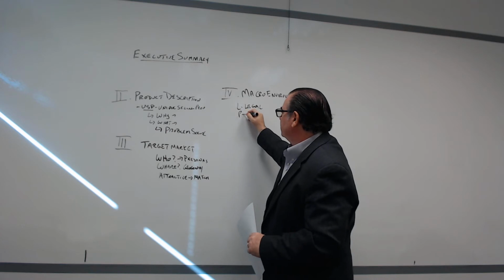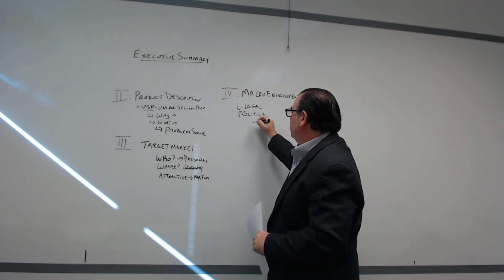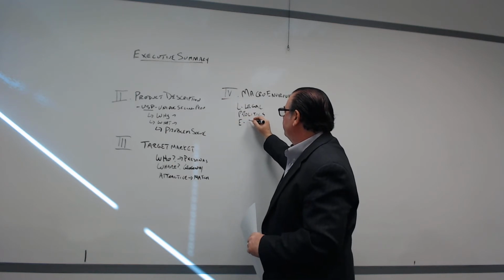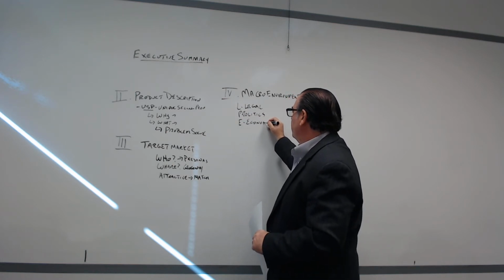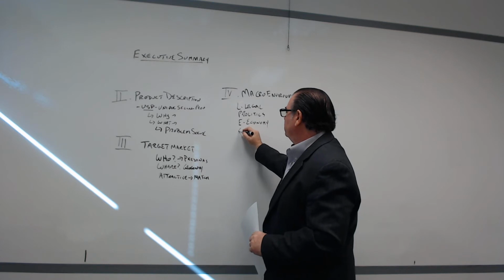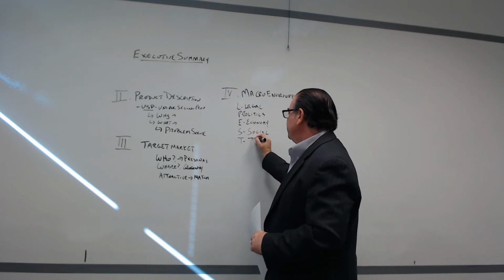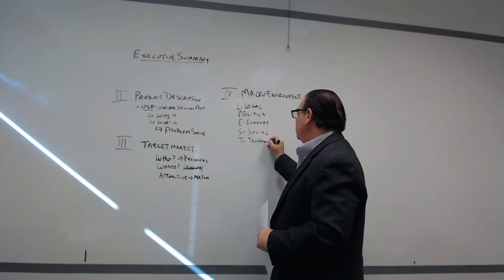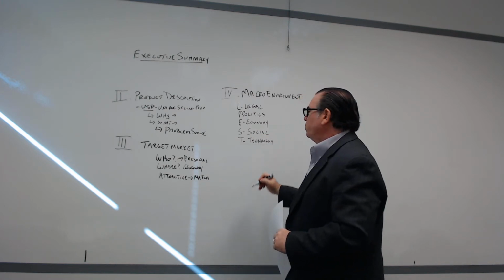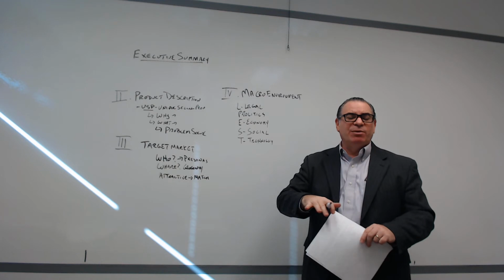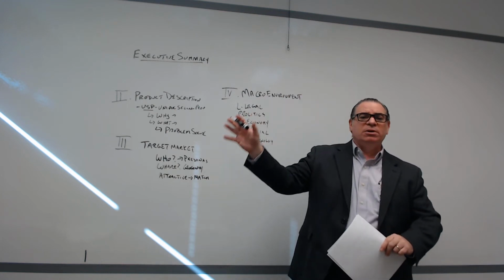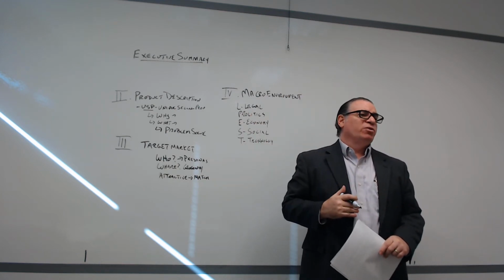There's the politics. There's the economy. There's the social. And then lastly, there's the technological. So basically, you want to explain in the macro environment how the world evolves and will affect your business.